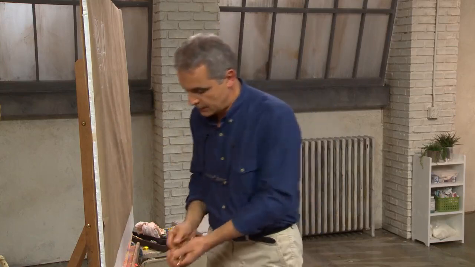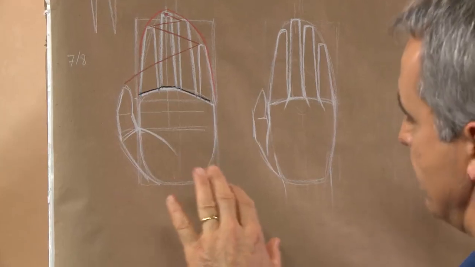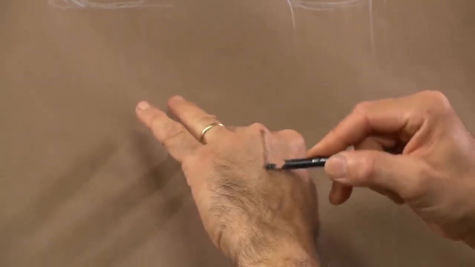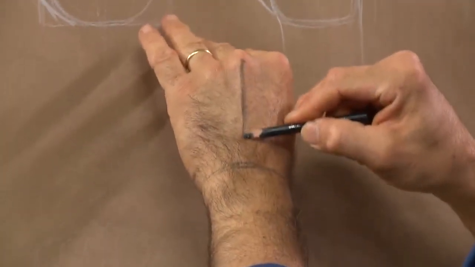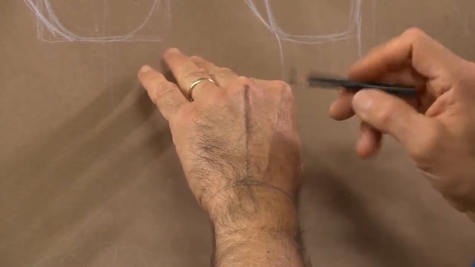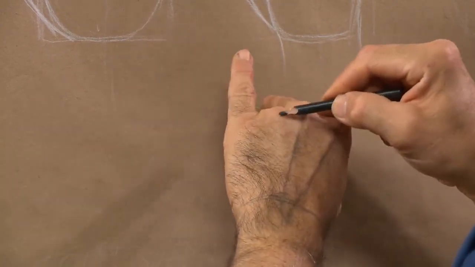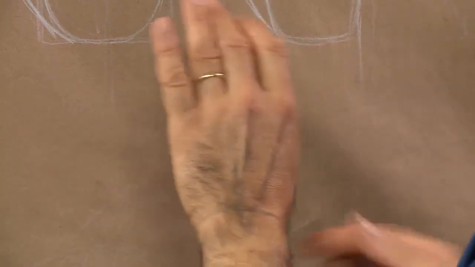So now, another thing that I want to examine is the lines that are produced by the tendons of the fingers. So if I keep these lines going, this is going to be the wrist. If I keep these lines going, I see that they're going to merge, not at the wrist, but in a point past the wrist, an inch below the wrist or so.